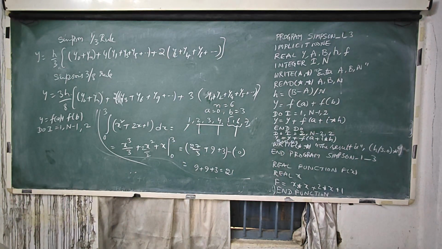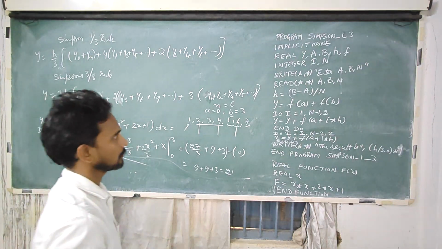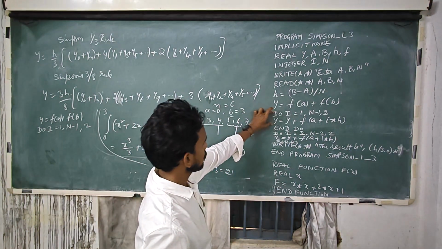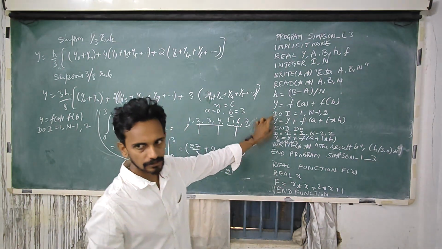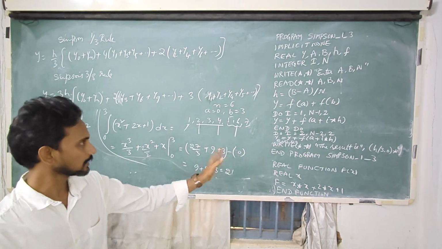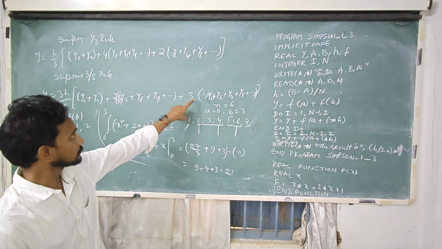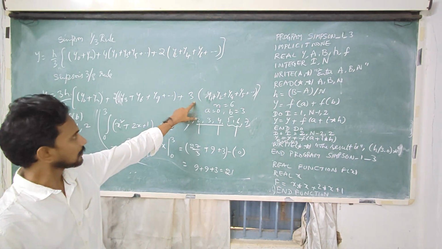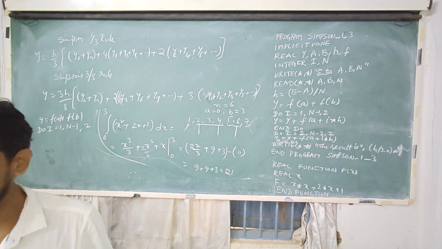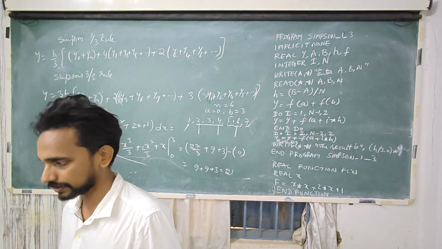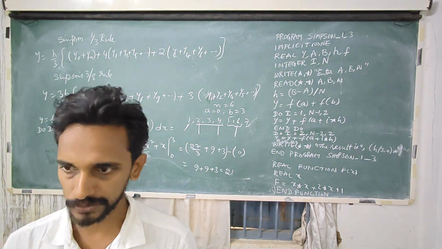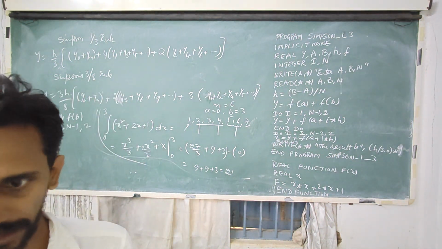This we will see in the next session. Here we are considering all odd terms separately and all even terms separately and adding them. So here we have to deal with the terms with multiples of 3 separately. I mean, they should not be repeated in odd terms. So we need a separate logic for that.